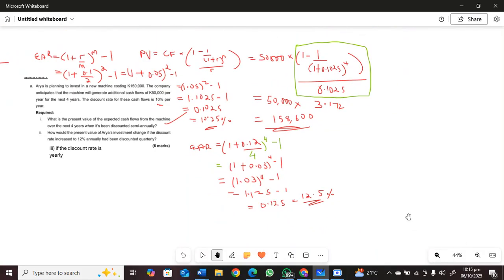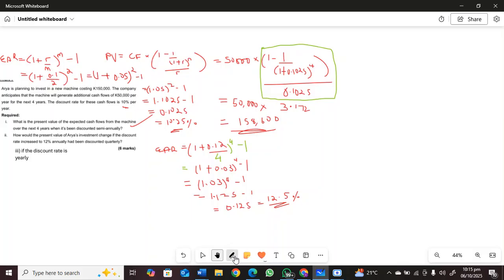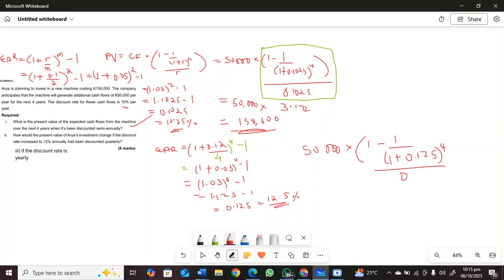So again, we're going to use this formula here. 50,000 multiplied by 1 minus 1 over 1 plus 0.125 to the power 4, over 0.125.